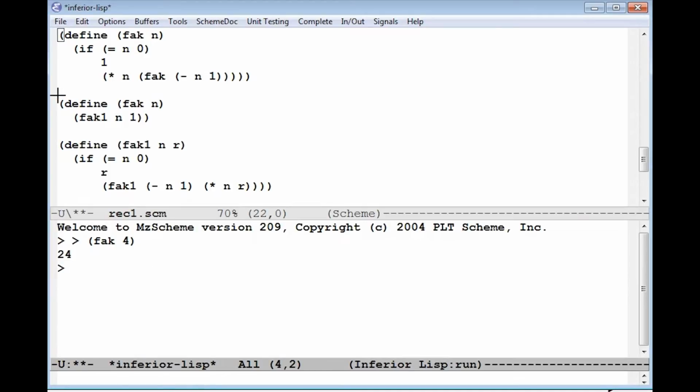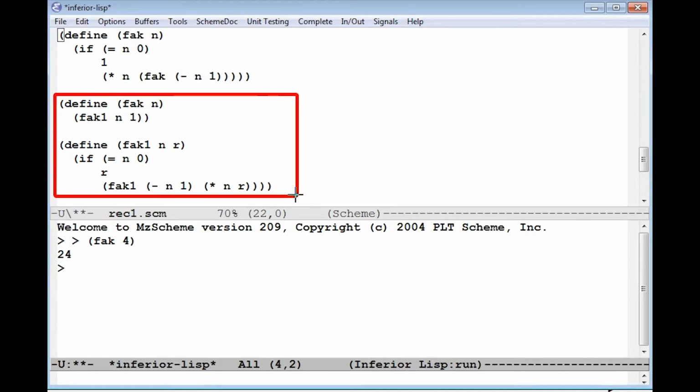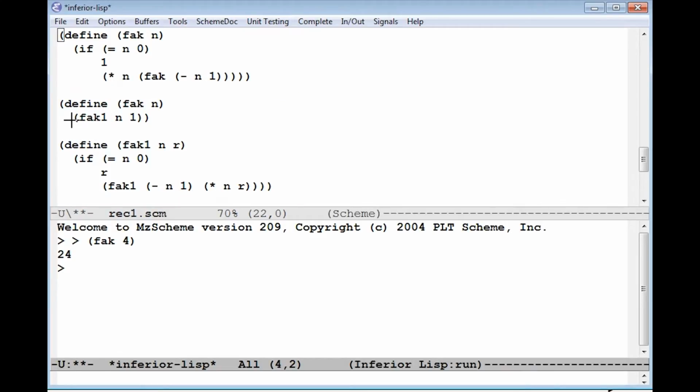Now let us turn our interest to the other variant of the factorial function, which immediately applies a helping function where we accumulate and calculate the result in the second parameter. So fac1 calls itself recursively, but instead of multiplying the result of the recursive call as in the upper variant, the result is accumulated here.